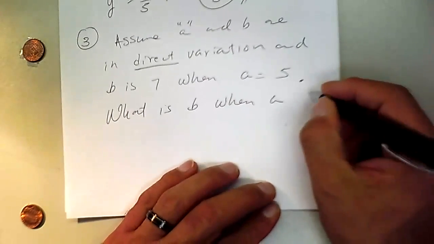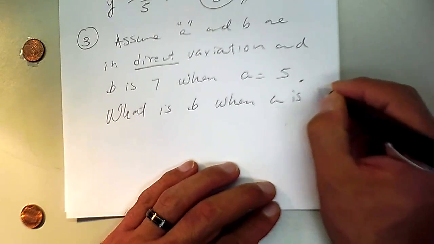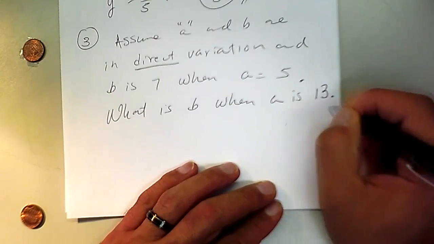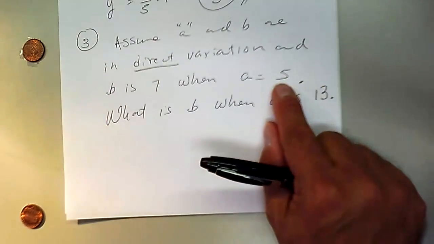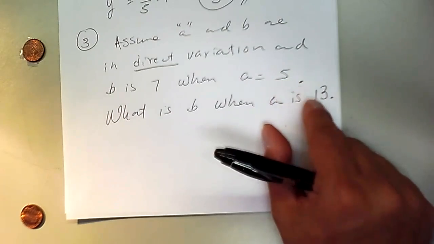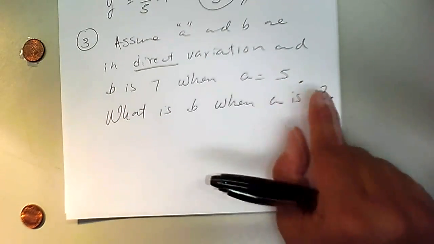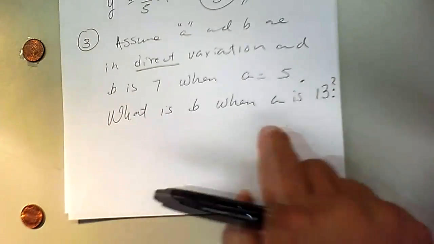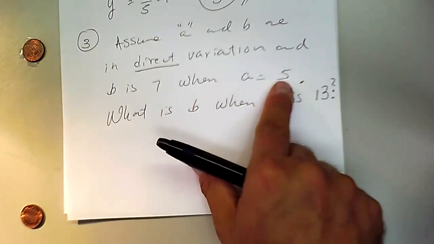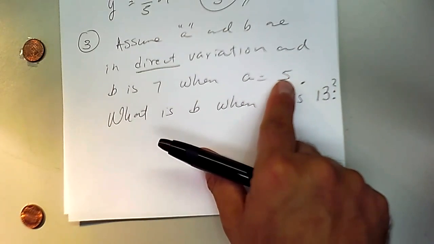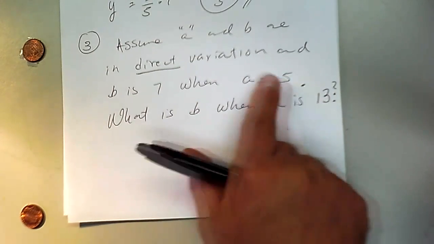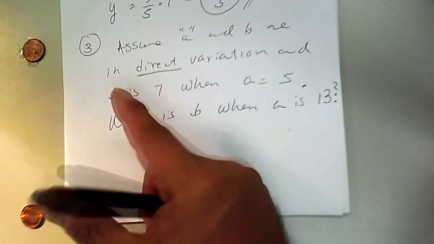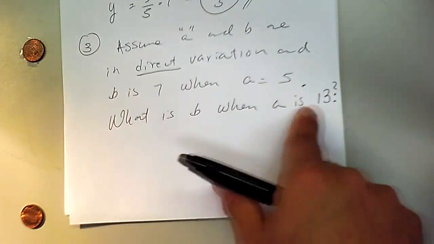But then it gets weird if A is something like, I don't know, 13. That is not a whole number multiple of 5. The only thing we can say is, okay, 13 is between 10 and 15, so times 2 and times 3. So I know the answer is going to be somewhere between 14 and 21. That's the only thing I can say right now with this little information.